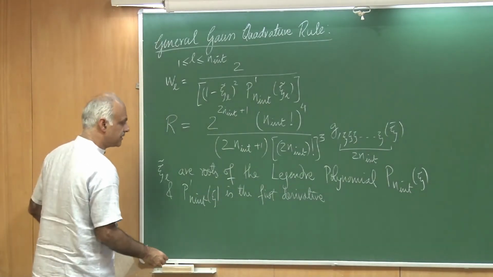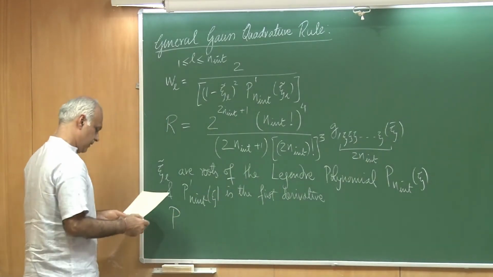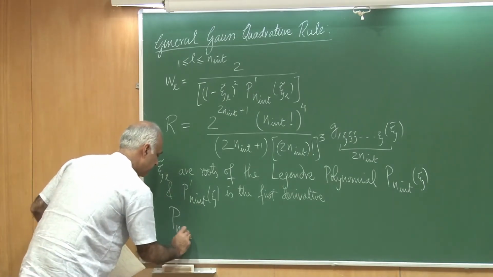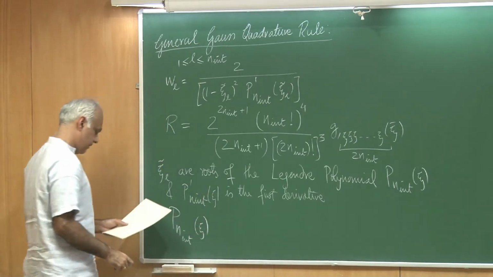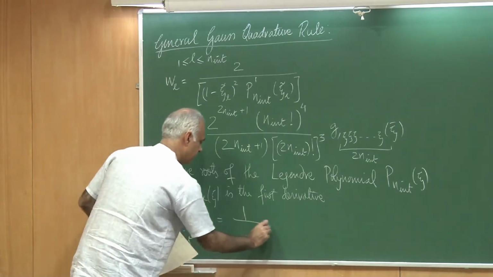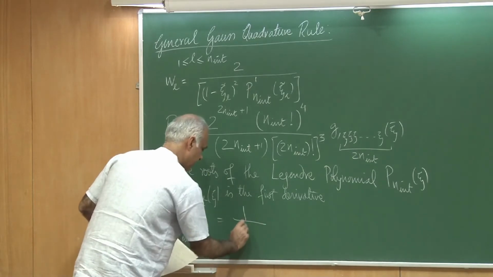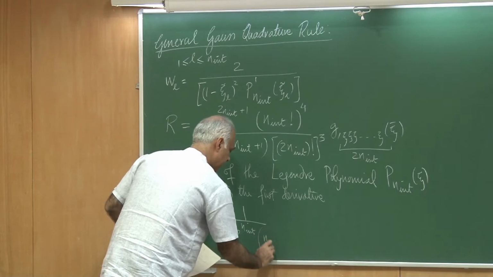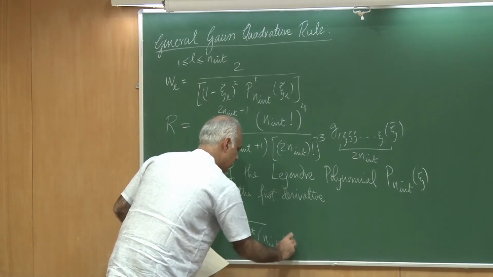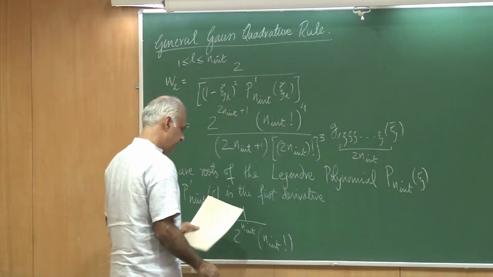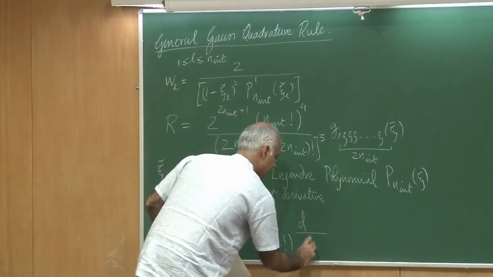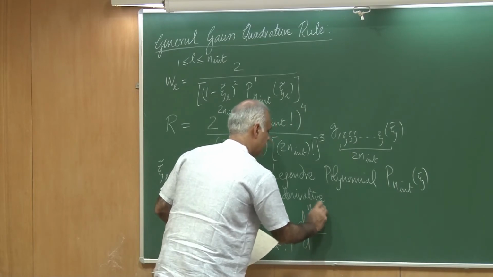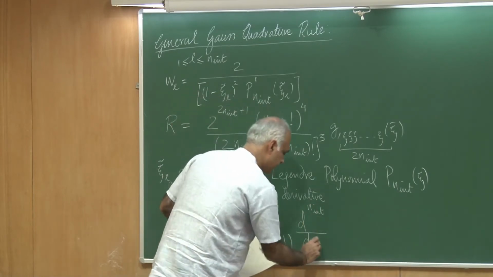The polynomials themselves are defined through a relationship given as the following. So, this polynomial is 1 by 2 to the n int times factorial of n int, and we are talking about the n int derivative.